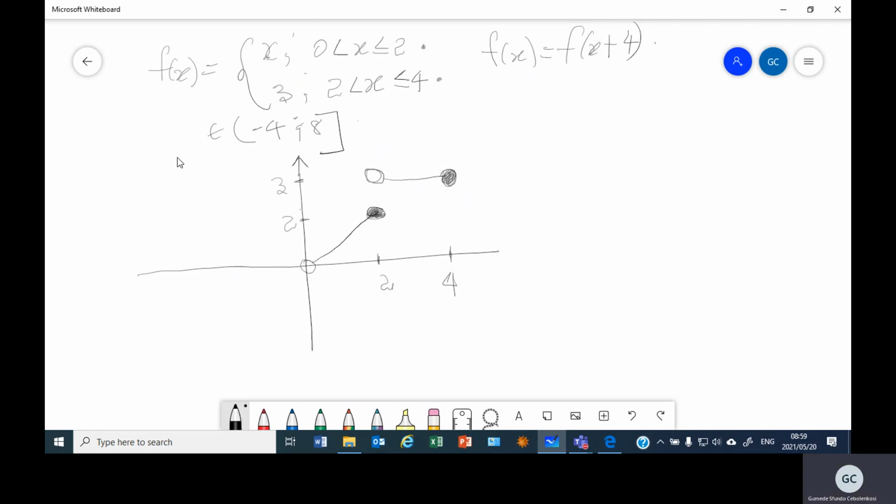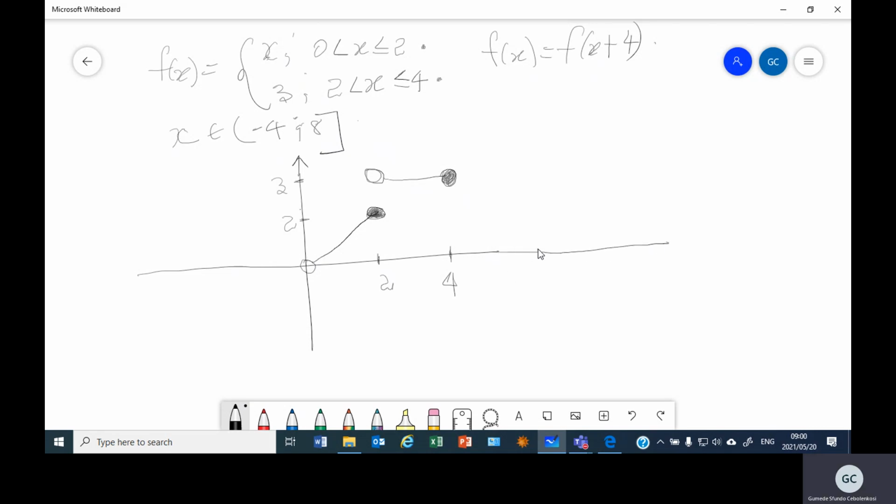So it means you sketch your graph from -4 up to 8. Yours now is from 0 to 4, so extend it from -4 up to 8, using the period that you are given. So what I'll do is try to extend my graph to 8 on the positive side.